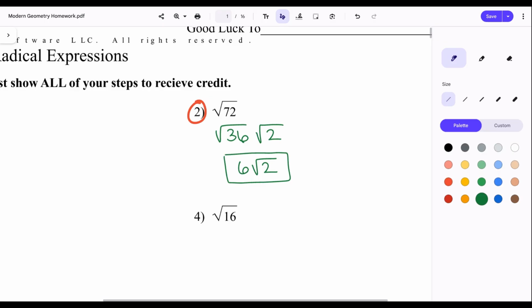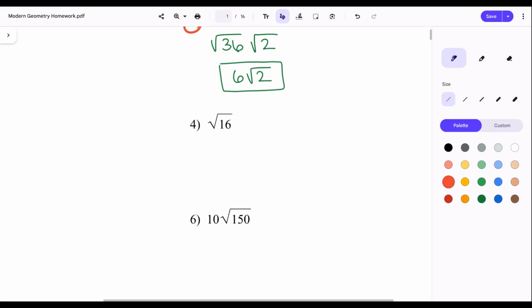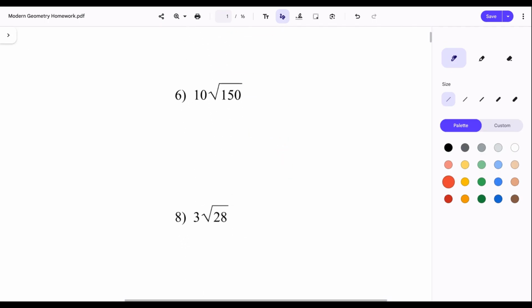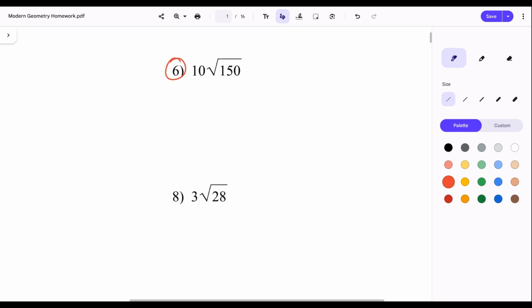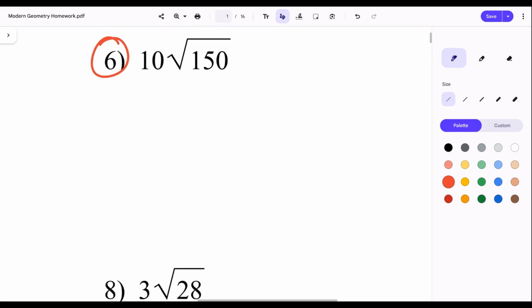Okay, let's do one more. Let's jump down just right underneath it to number 6. You guys can do 4. Square root of 150. Can you think of a number from up above that would go into 150? And if you're not sure, use a calculator to guess and check your way through it. Start taking 150 divided by some numbers. 25 times 6.